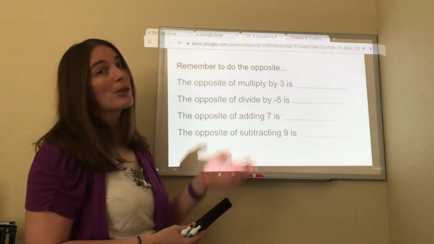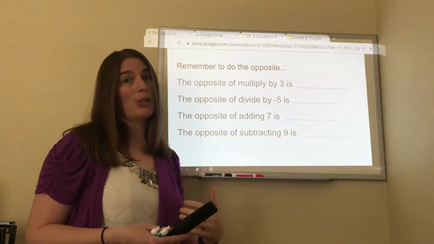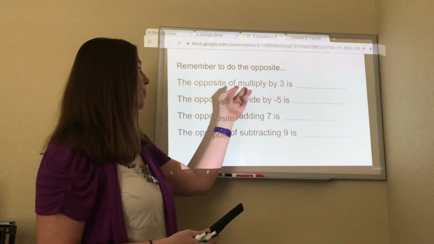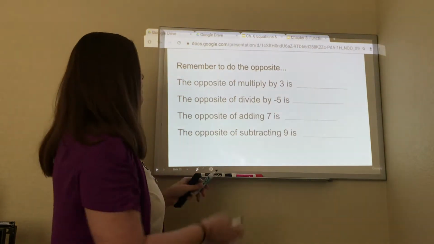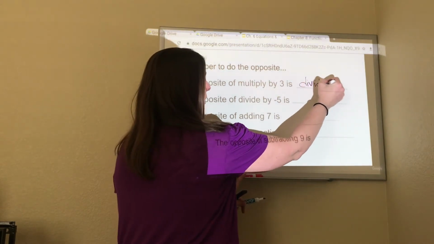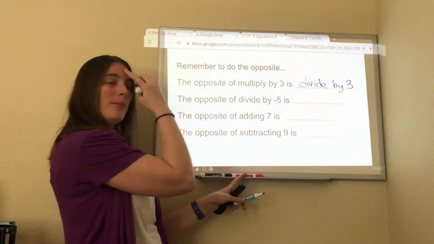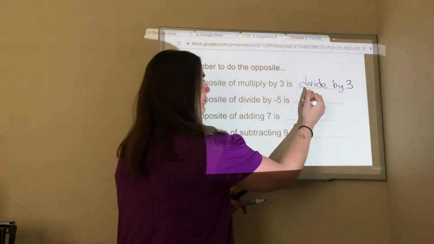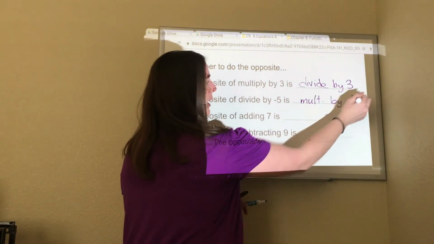So remember, when you're solving equations, you're going to do the opposite or the inverse operation that it's showing you. So if it's telling you that it's being multiplied by 3, what's the inverse, or how do you undo it? The opposite would be to divide by 3. Okay? The opposite of dividing by -5 would be to multiply by -5.